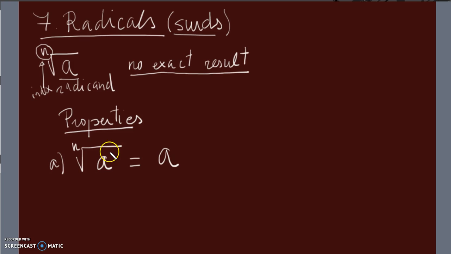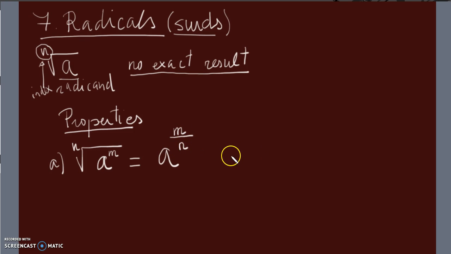If the radicand has a power, and this is going to happen very, very often, you are going to usually have powers in the radicands. So we write the m, the number that you have, over the index, over n.